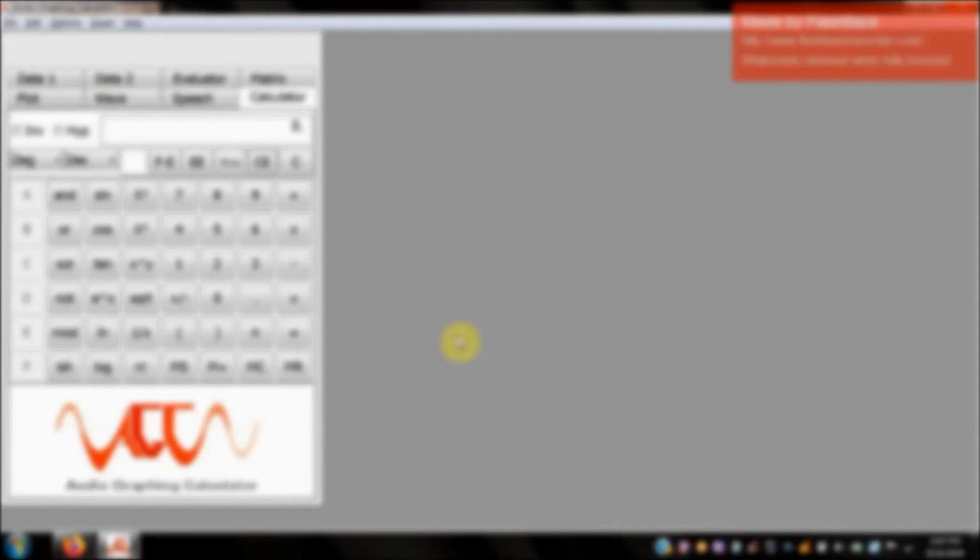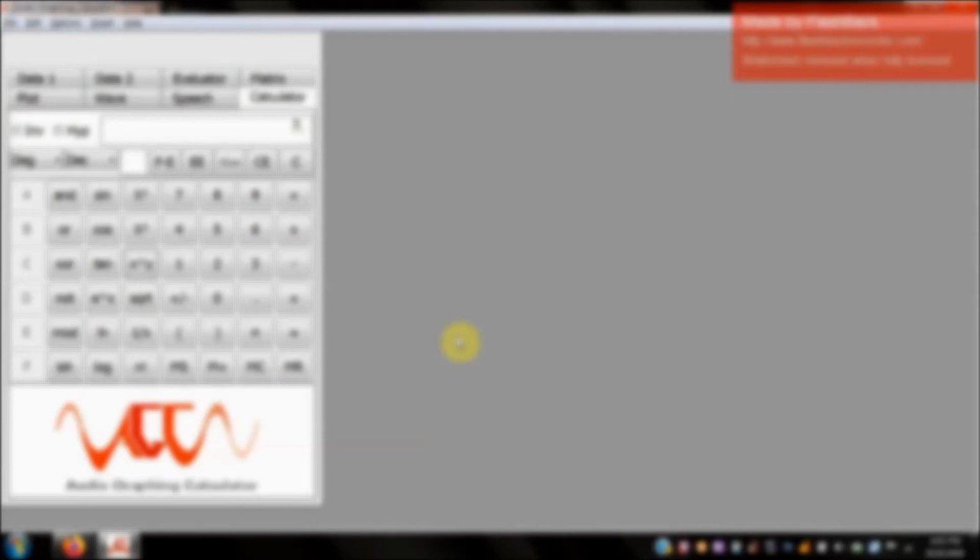Next, if I want to find the fifth power of 7, or 7 to the fifth power, I'll press 7 and then shift and Y. Shift Y is the same as the X to the power of Y button on a scientific calculator.